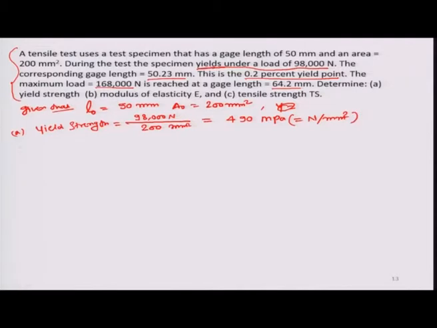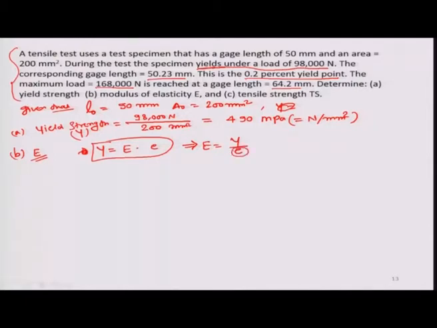Okay. Now, modulus of elasticity. Modulus of elasticity we can calculate by Hooke's law. What does it state? Yield strength Y is equal to Young's modulus times strain. So, E is equal to Y by strain.